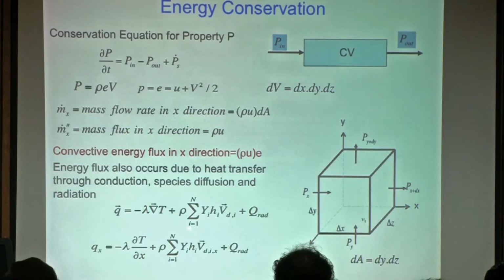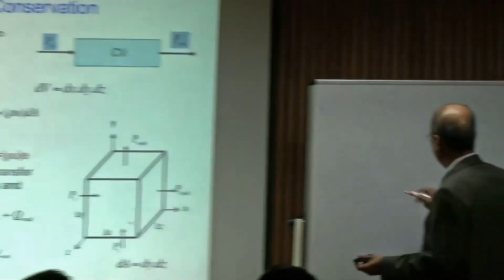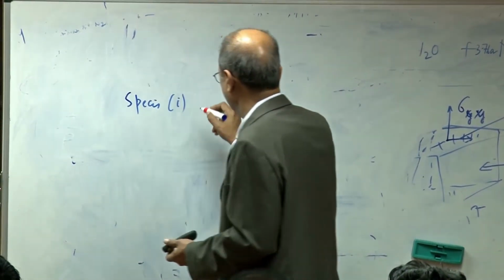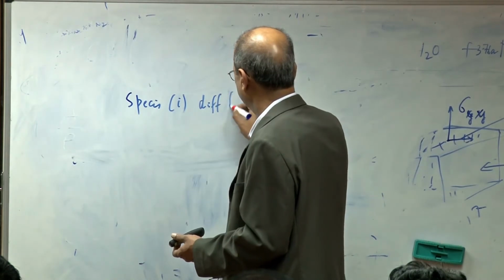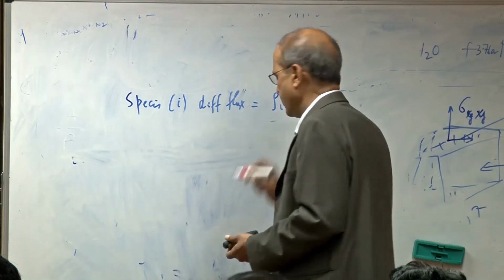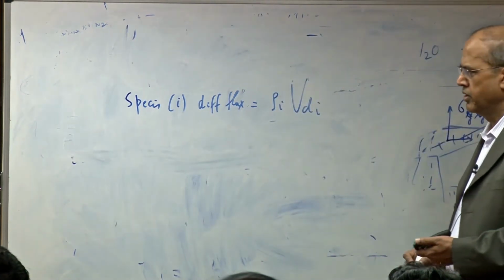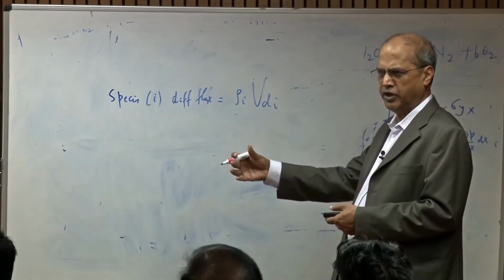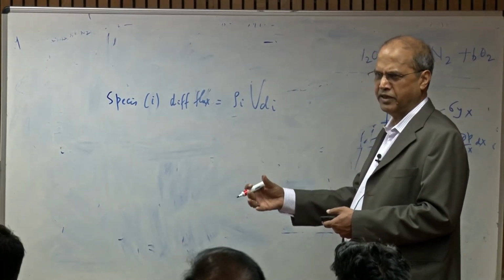So let's look at this term. What is this term? This is the heat flux due to the species flux. What is the species flux? Species i diffusion flux, this is rho i V_Di, correct? So that's what you'll see inside there. This species is flowing due to what mechanism?